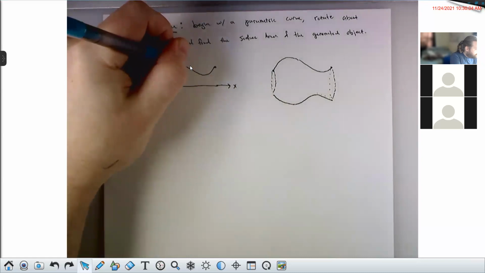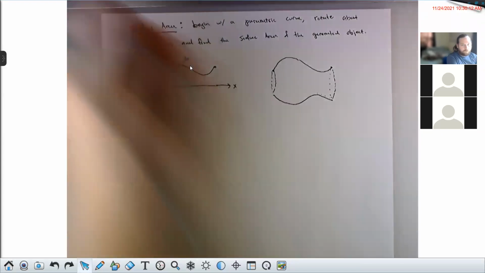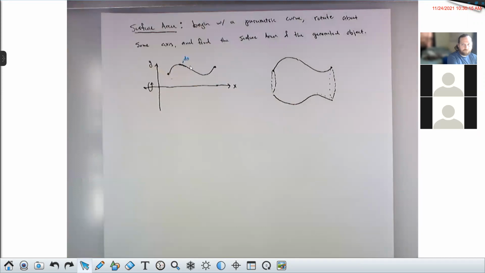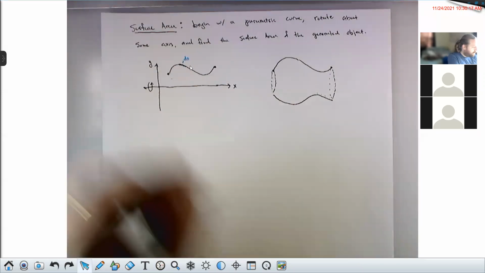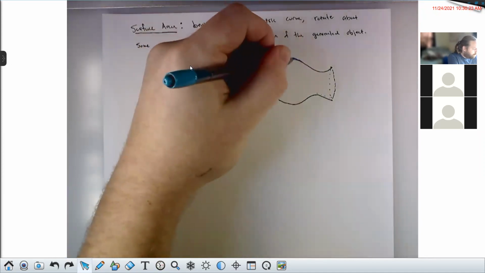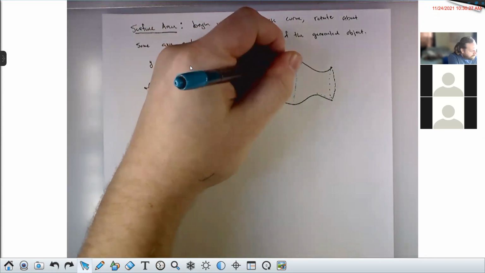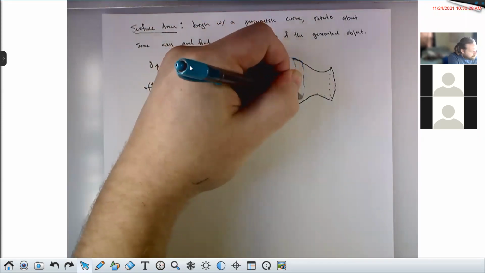So if I take a tiny little element of arc length here, and I think of that as ds, that little element of arc length, when rotated, will correspond to a little band of surface area.